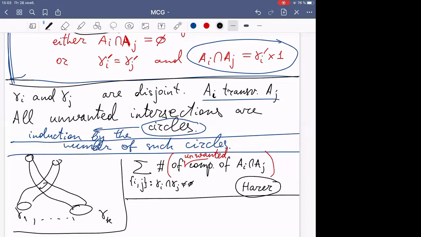But as far as I remember, when I got ready for this lecture, I found out that it is not completely true that this particular complexity is decreased. As far as I understand, it is possible that it increases, and we will discuss this later when I describe the moves introduced by Harrer.